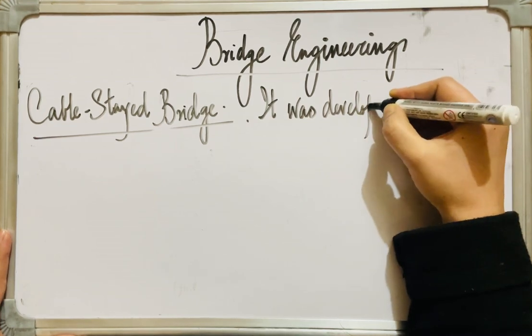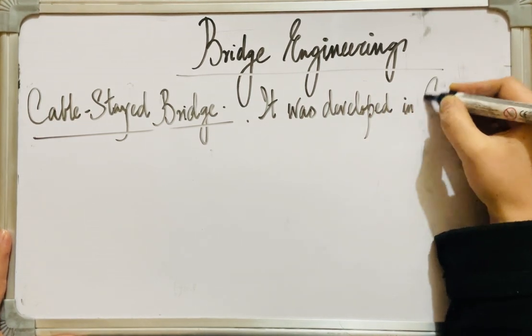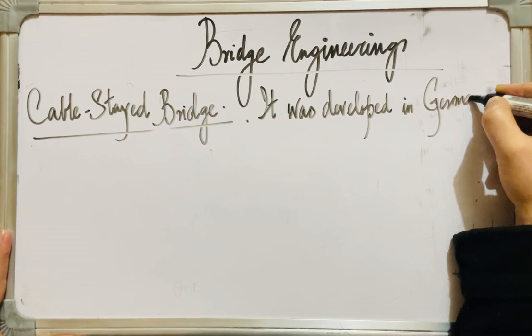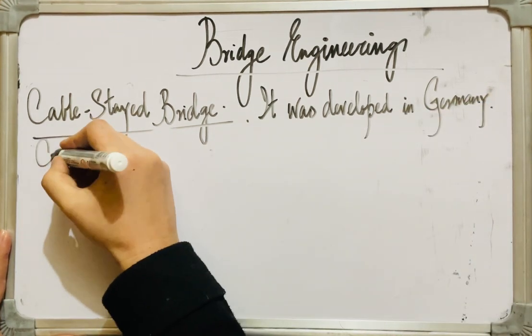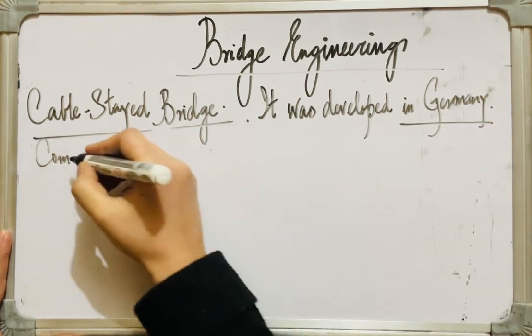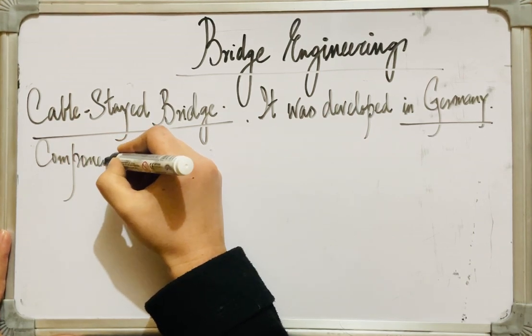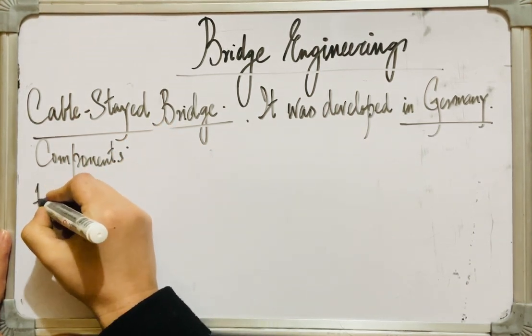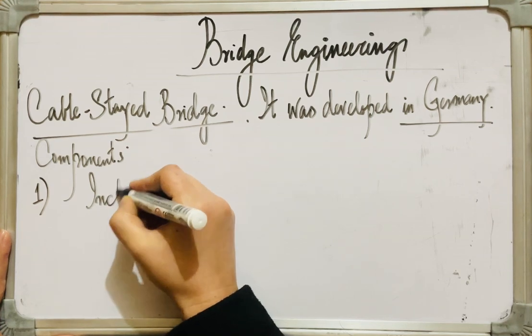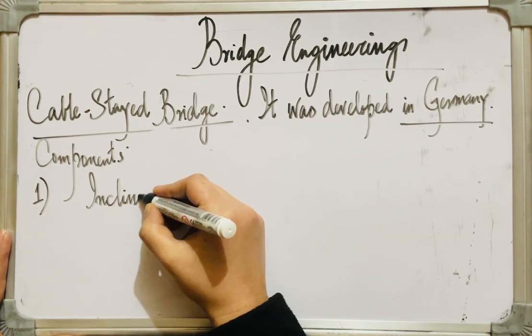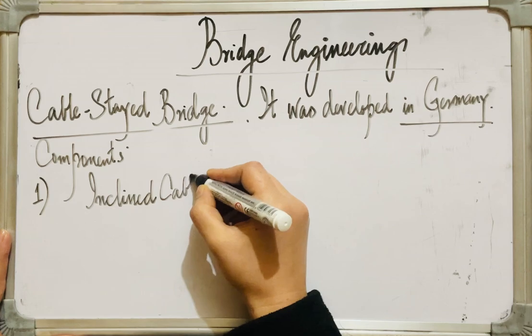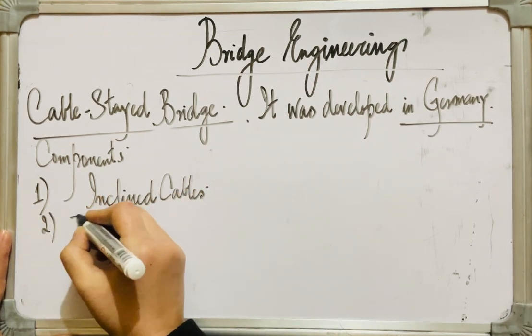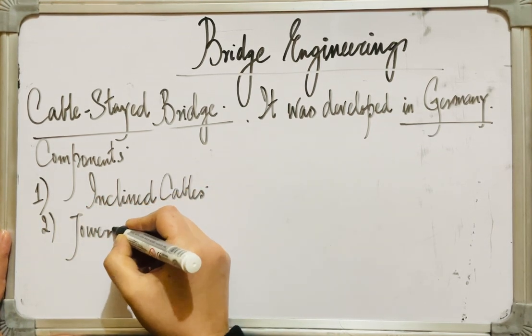The essential components of a cable stayed bridge are, the first one is the inclined cables which suspend the bridge deck. Then we have towers, which are also known as pylons.